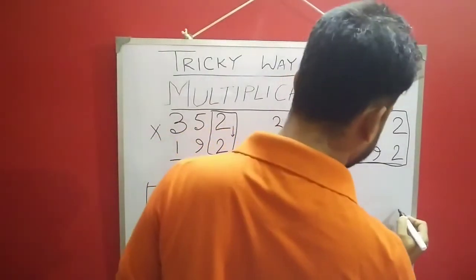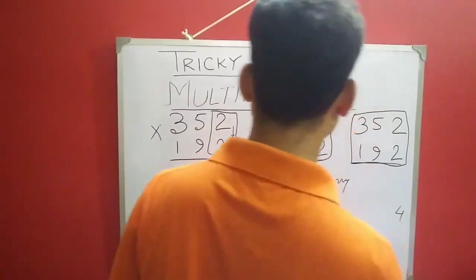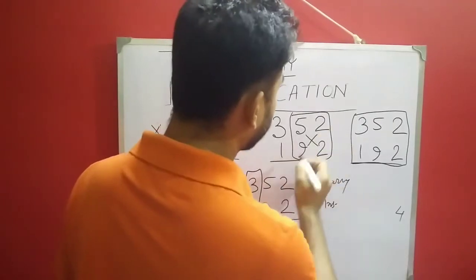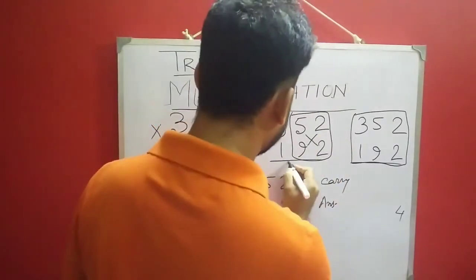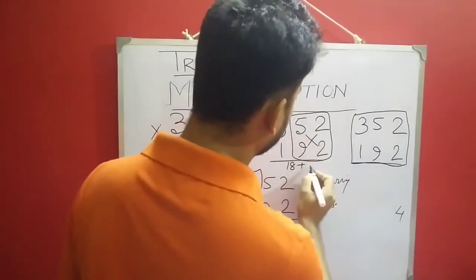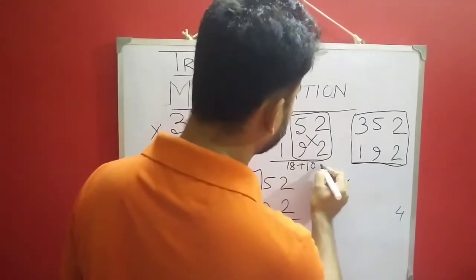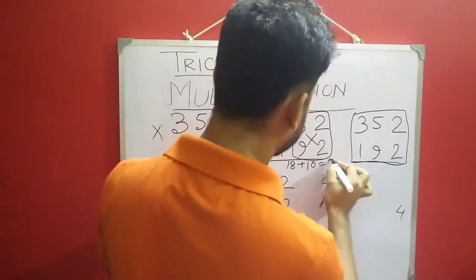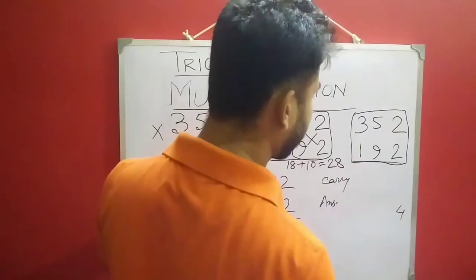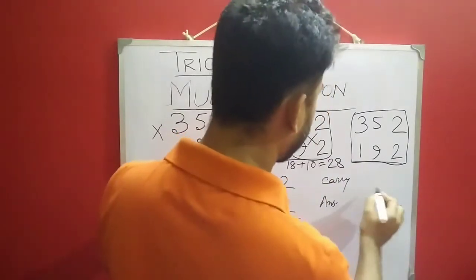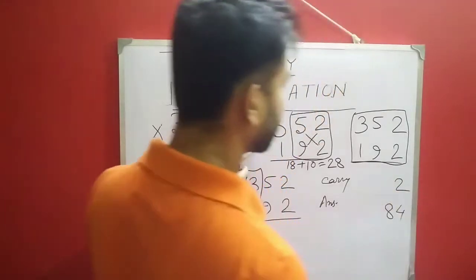So the answer is 4. Then cross multiplication: 9 into 2 equal to 18, plus 5 into 2 equal to 10, equal to 28. So 8 is the answer and carry 2.